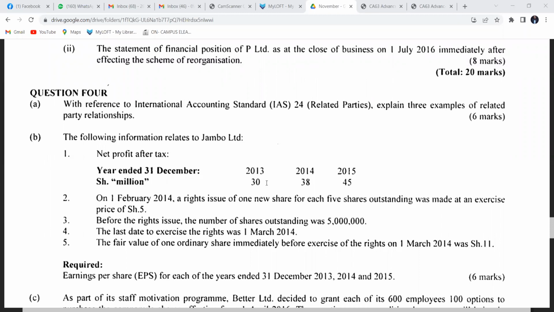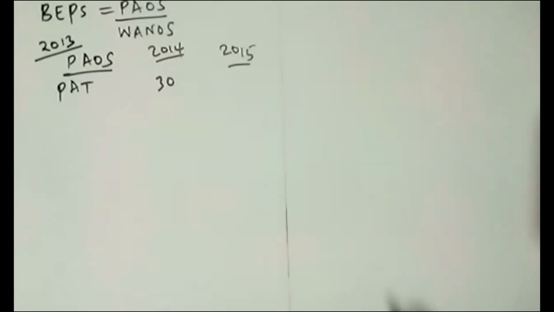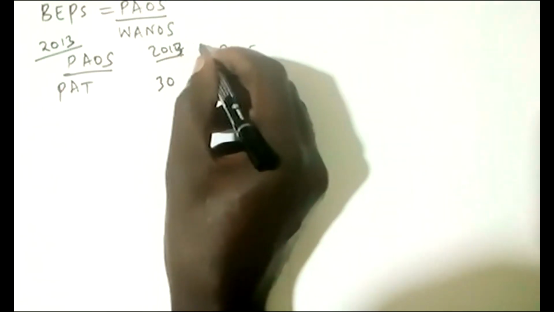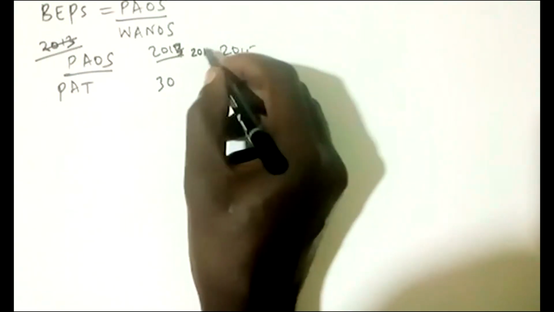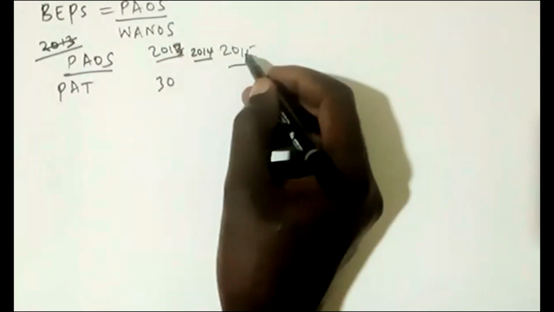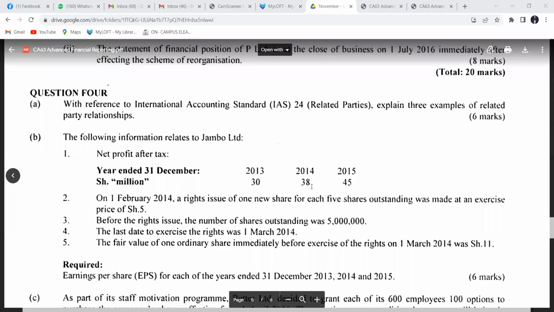So the profit after tax provided is 30 for 2013, then 2014 is 38, and for the other year, 2015, is 45.